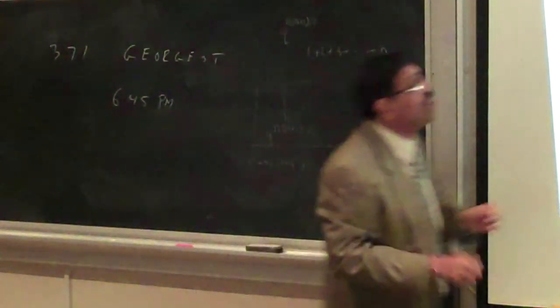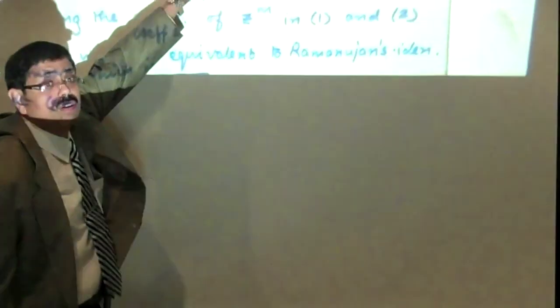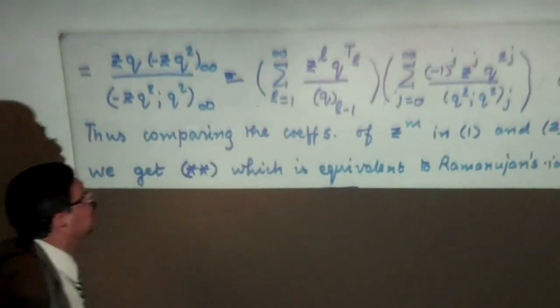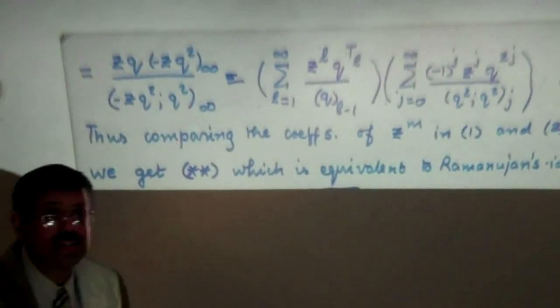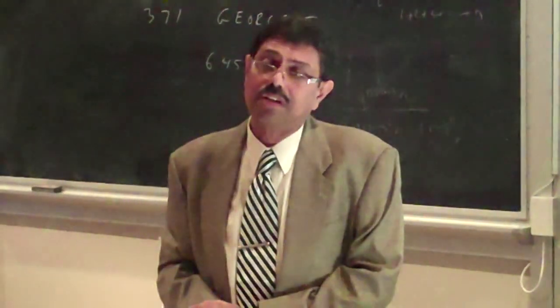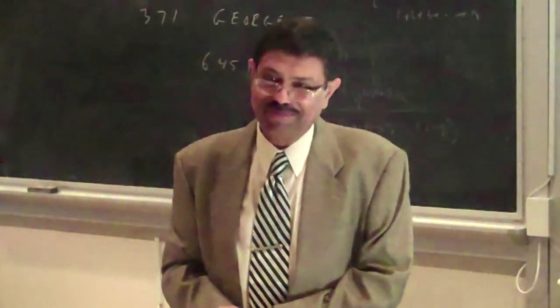So that is why at the bottom, this is 1 less than the triangular number there. So that's that. Now I compare the coefficients on both sides, and I get precisely the convolution that previously gave me the q to the m squared on the right. And therefore this little trick proves Ramanujan's identity.